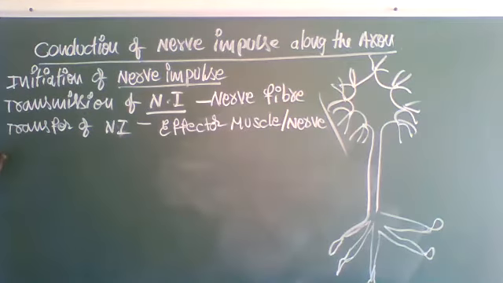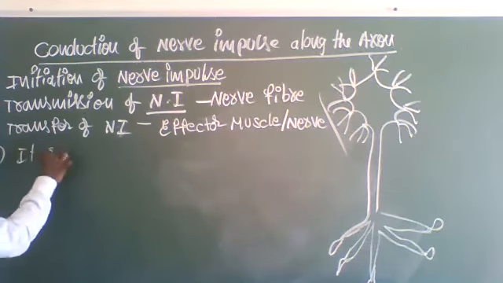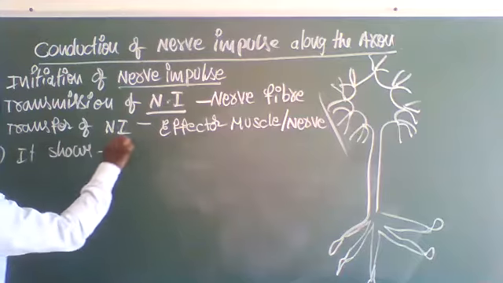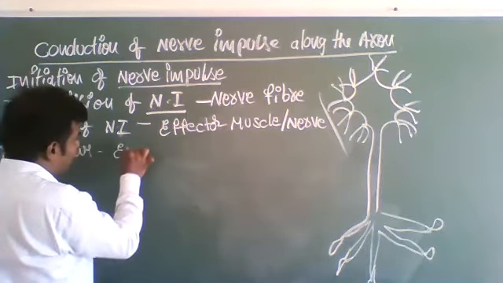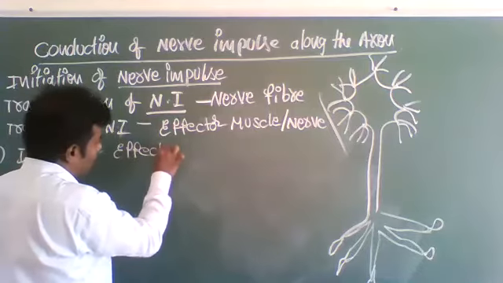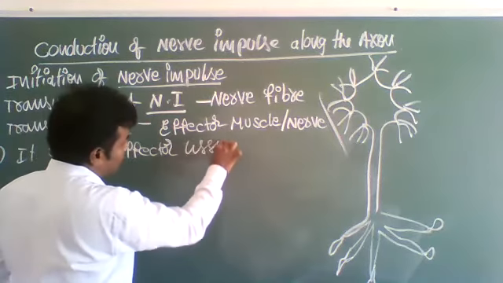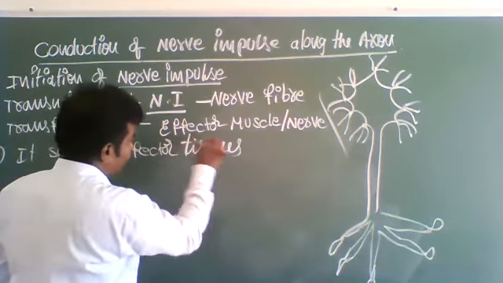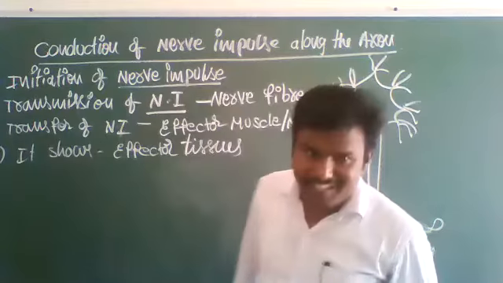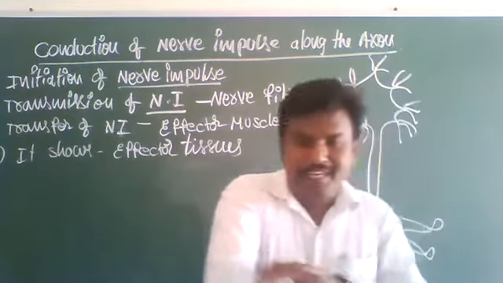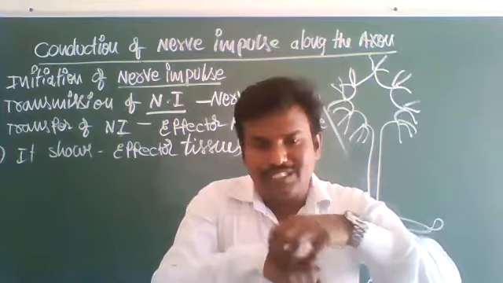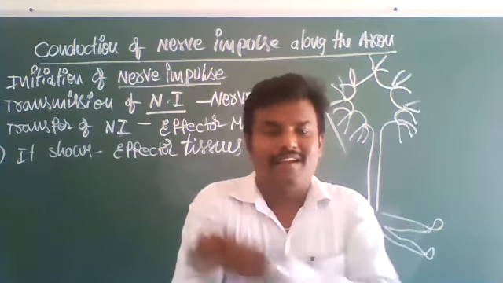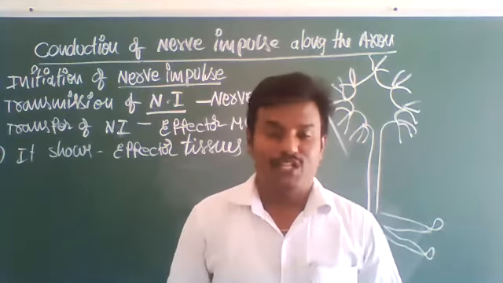So it shows its effect on tissues. When the nerve impulse reaches the muscles, that nerve impulse shows its action on our body tissues.